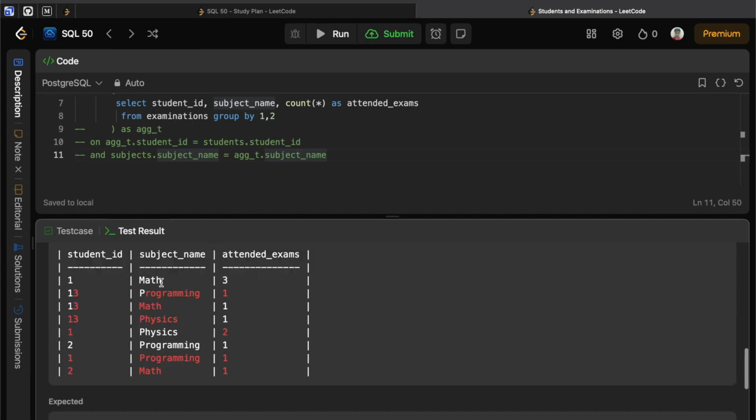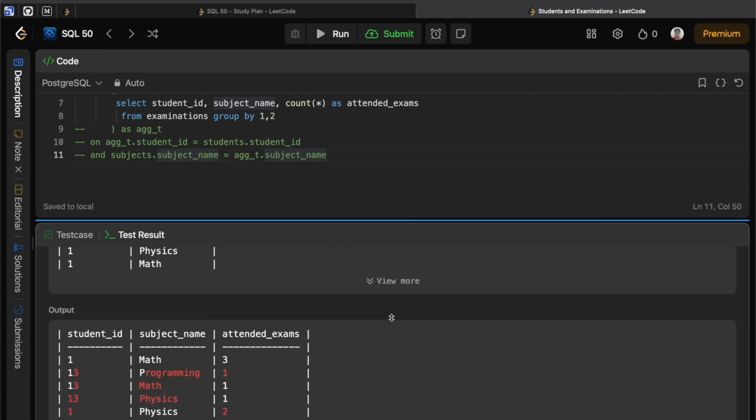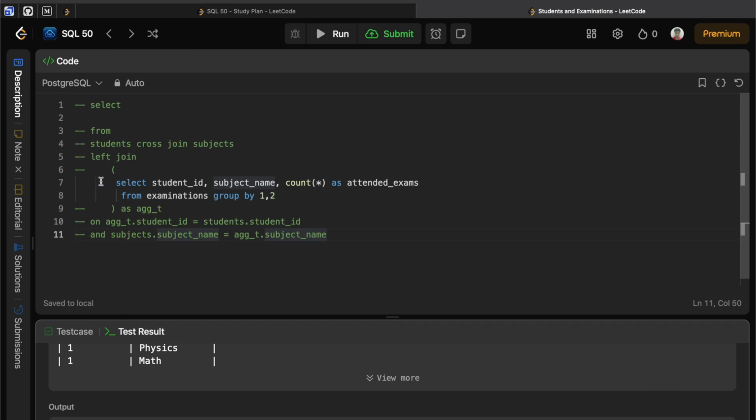One math 3, 13 programming 1. So this is giving me the count for each student ID and each subject name, and of course this will still have duplicates. Okay, but what we need is this joined with this. So let me uncomment these and show you what happens after the join.